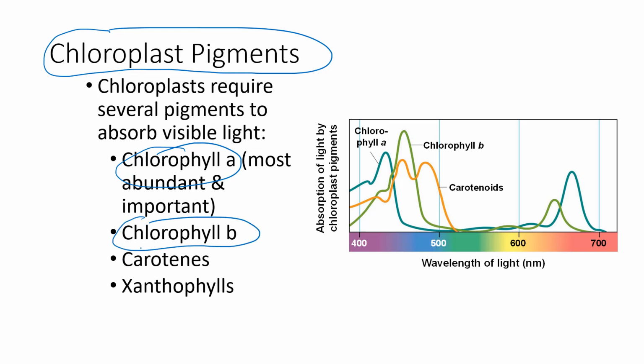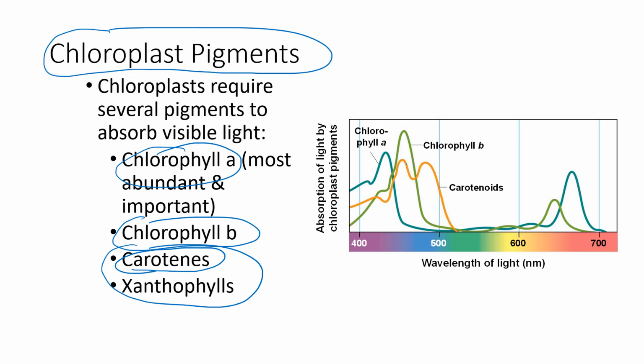Then you've got these carotenes and xanthophylls, and think about what the leaves of a tree look like when they get fall colors. When the chlorophyll A and B disappear for a time, what's left are the carotenes and xanthophylls, and they have a yellowish and orangish color. Think of the color of a carrot, and that's the color of those carotene pigments.